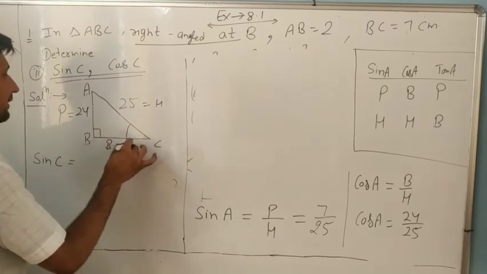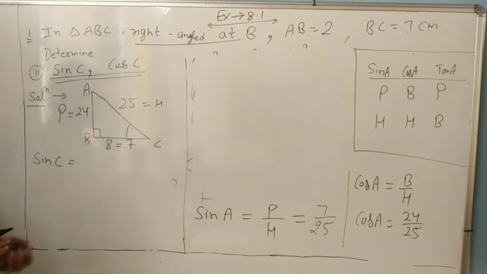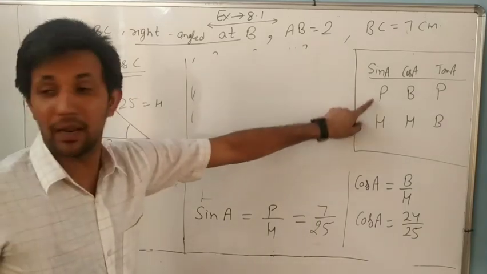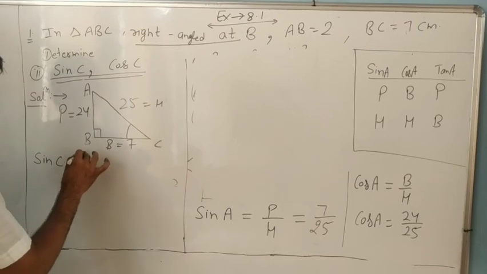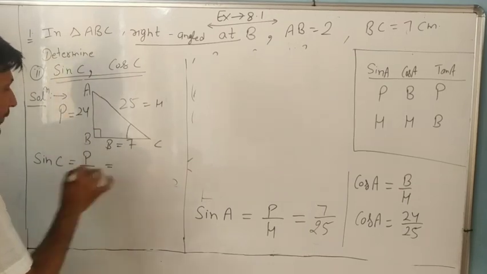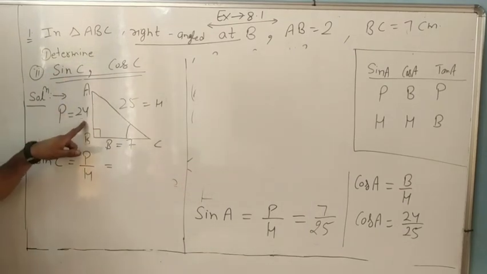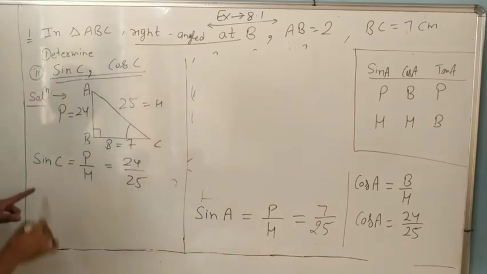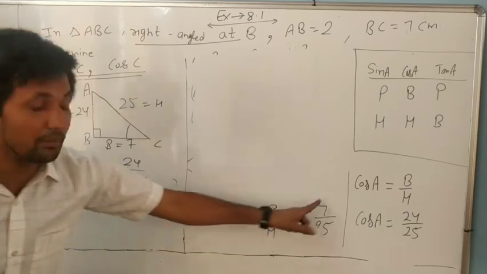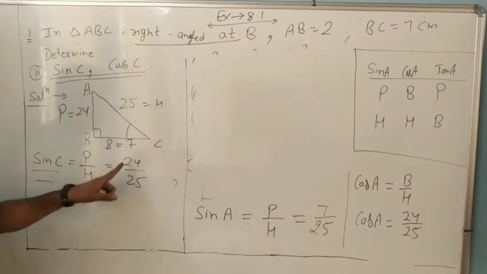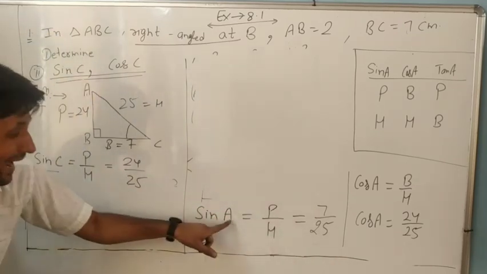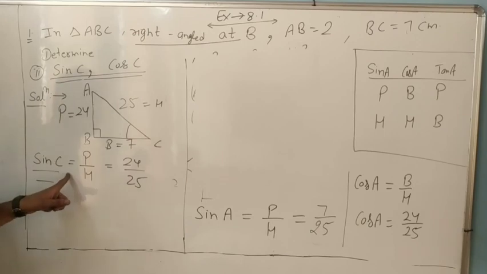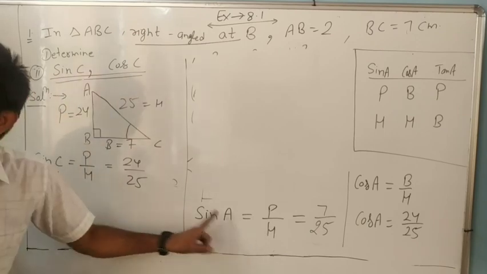Base is 7. Now sin C. Sin means perpendicular by hypotenuse. So look, the perpendicular is 24 by 25. Here sin was 7 by 25, here sin is 24 by 25. Why? Because the angle was changed.